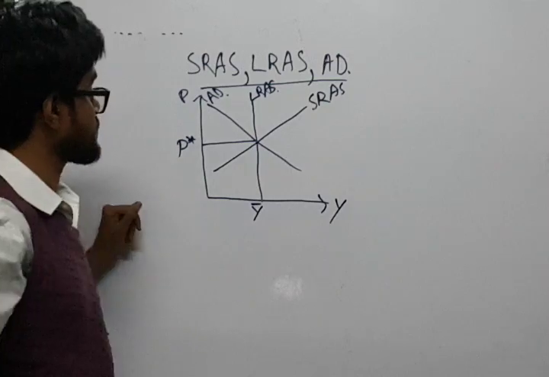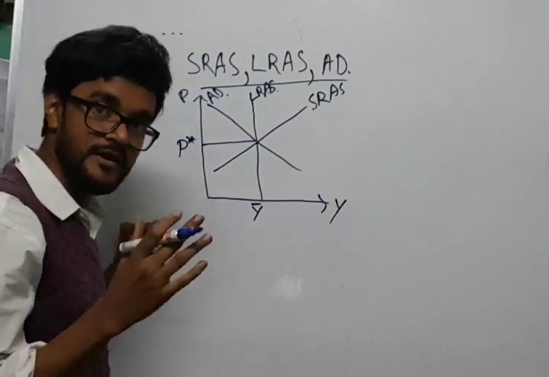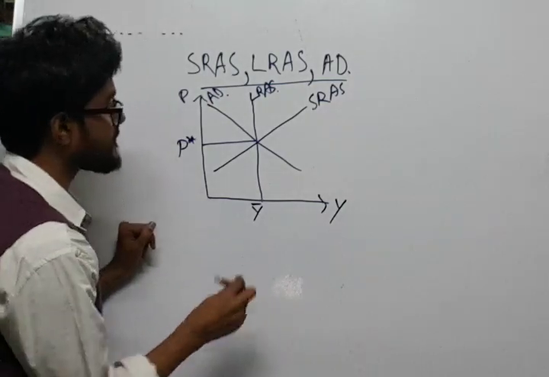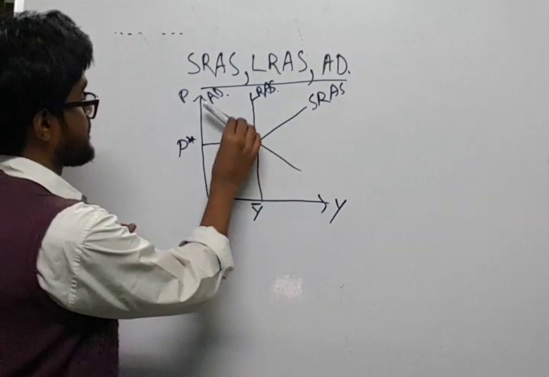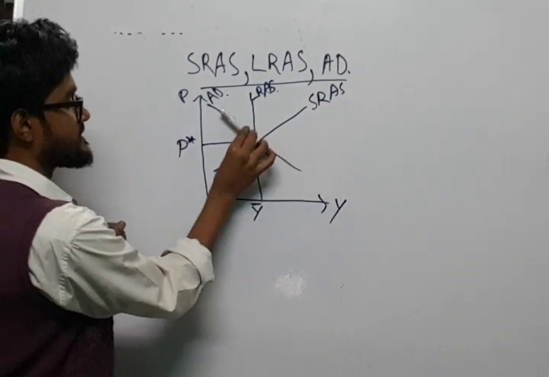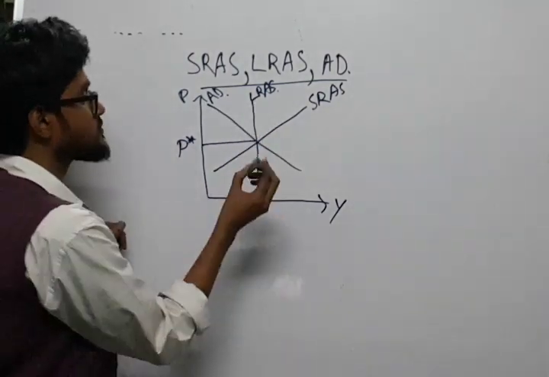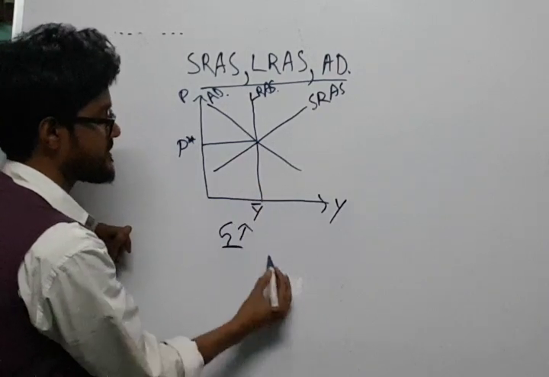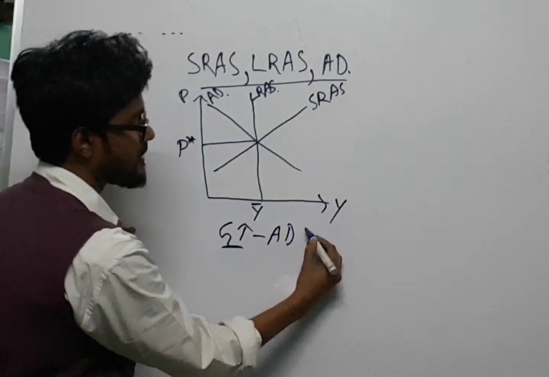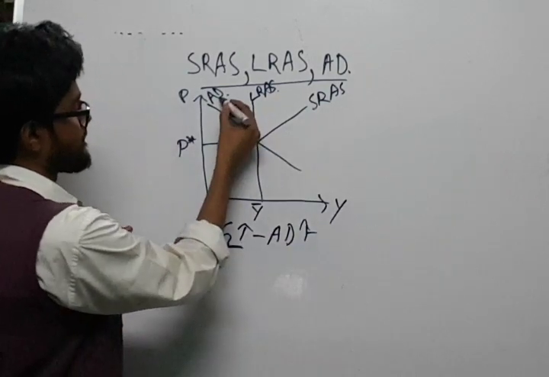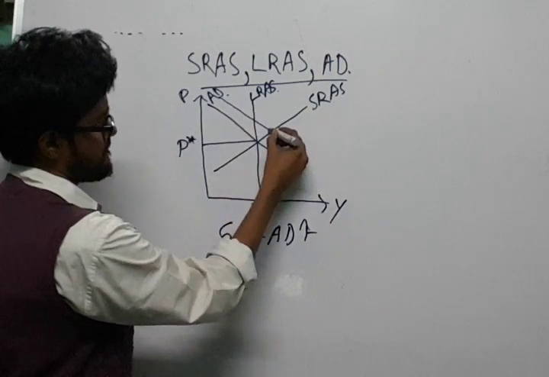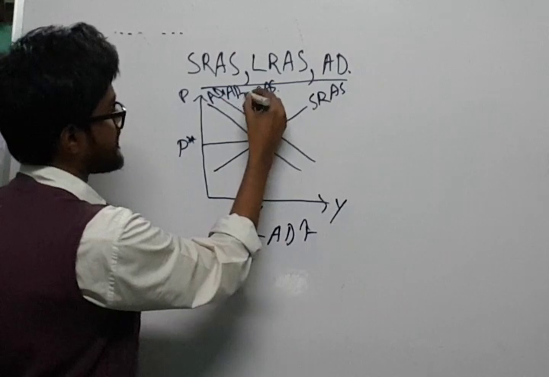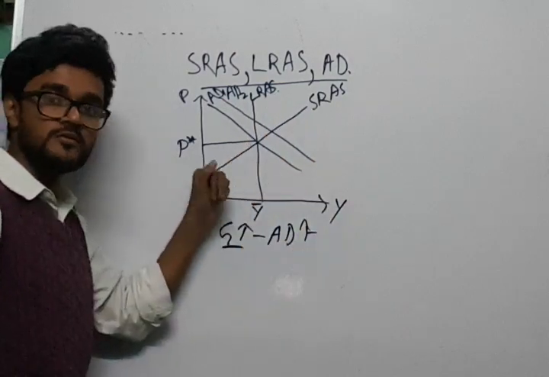Now, suppose the government introduces a stabilization policy, that is, the government decides to shift the aggregate demand curve. Let's say G increases, so the aggregate demand curve shifts rightward, from AD1 to AD2.